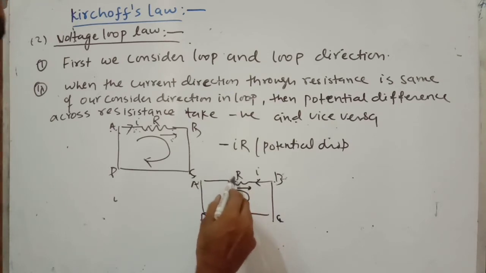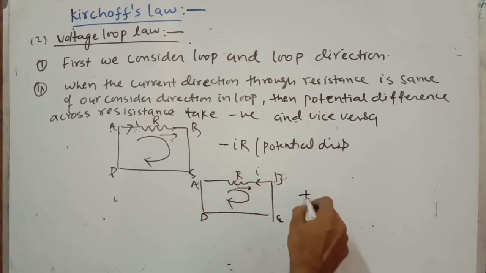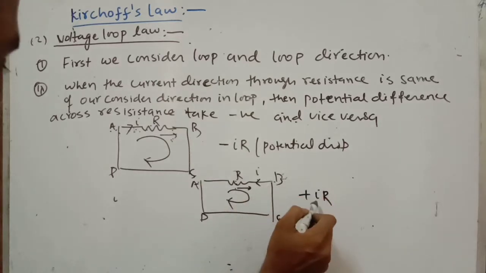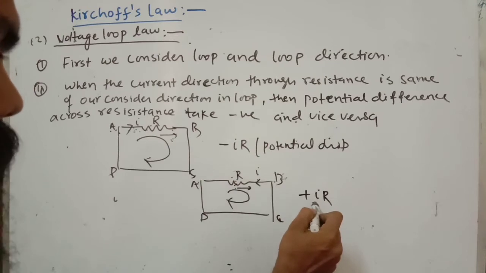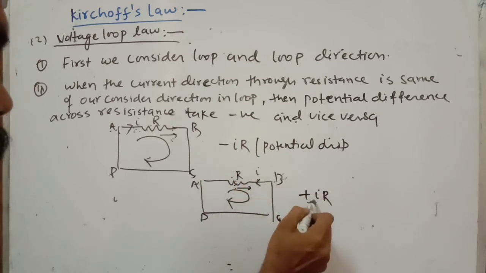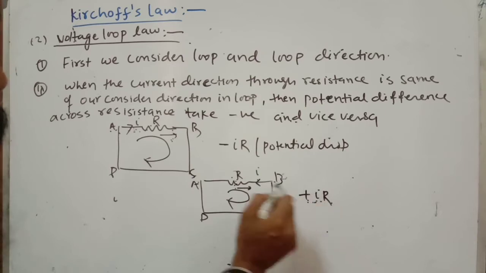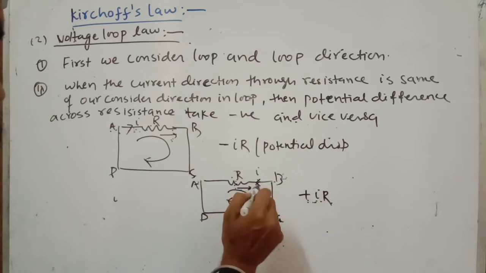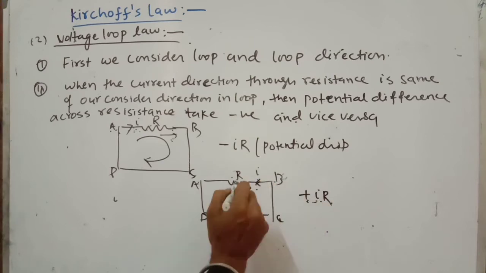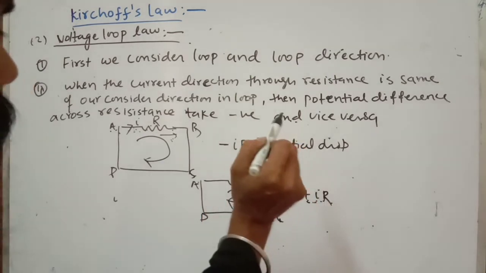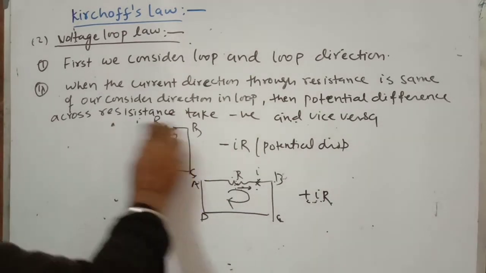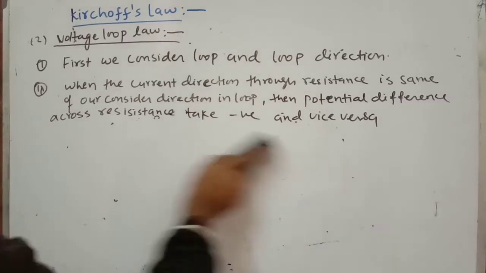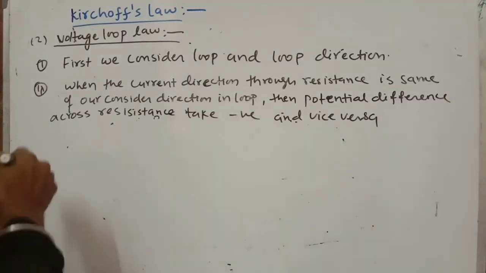So when you write the potential difference across resistance, that will be positive I into R, obviously according to Ohm's law, current and the resistance. Why? Because your considered direction and current direction are opposite to each other. Okay, so first you note this one.